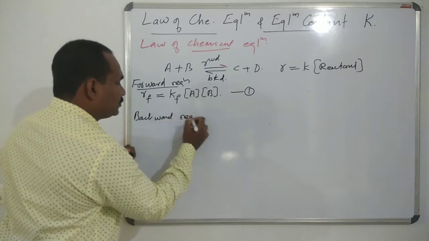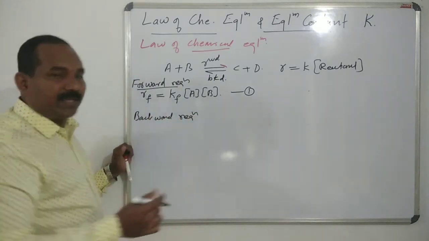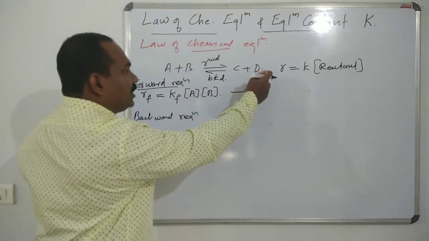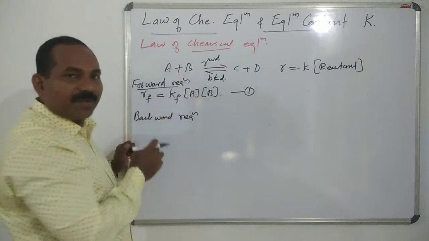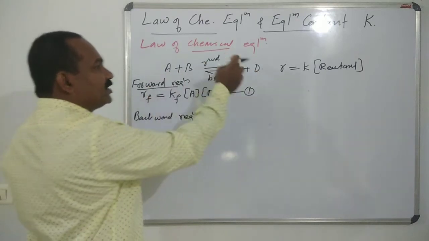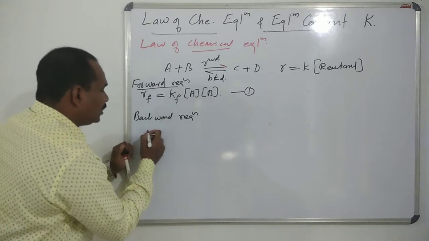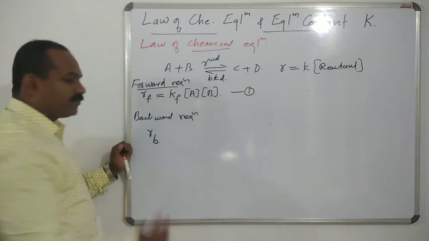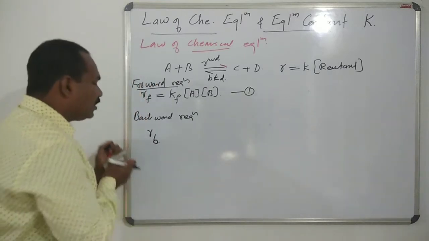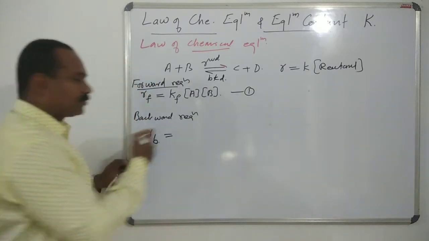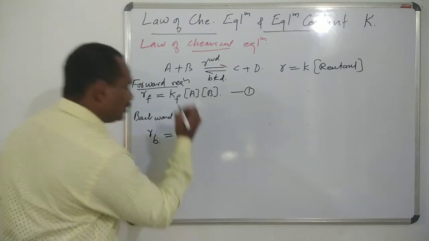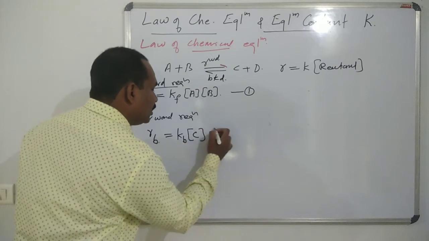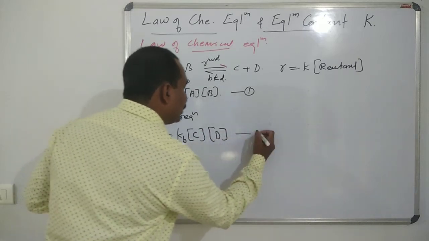In the case of the backward reaction, C and D are reactants, isn't it? From C and D, A and B are formed. So for the backward reaction, the reactants are C and D. So the rate of backward reaction RB is equal to KB, concentration of C into concentration of D, equation number 2.